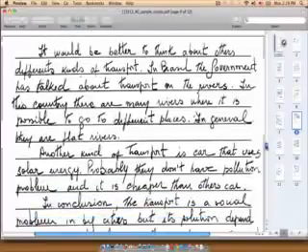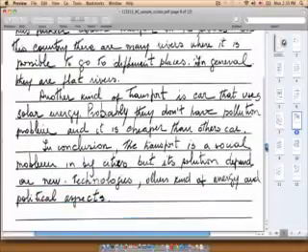"It would be better to think about others, different kinds of transport. In Brazil, the government has talked about transport on the rivers. In this country, there are many rivers where it is possible to go to different places. In general, they are flat rivers." And again, we understand what the student is saying. The problem is we don't really know what they're trying to argue there.